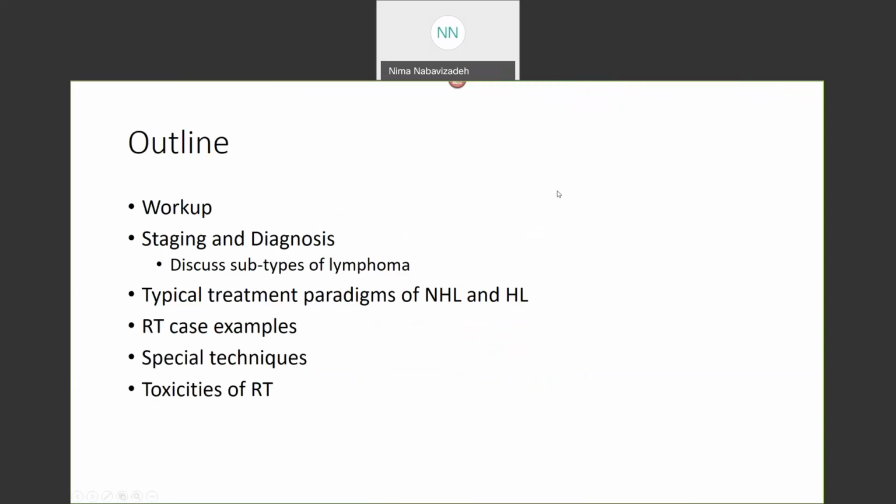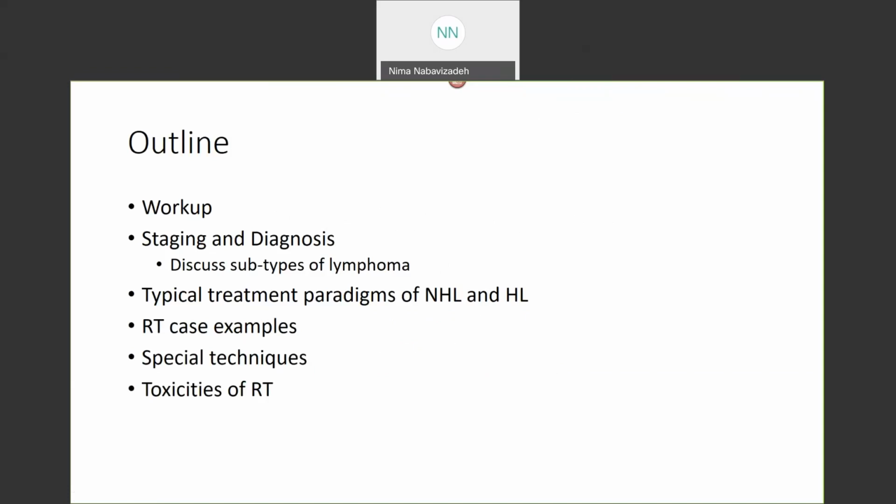So an outline for our didactic session today. I'll start with a typical workup for a patient with lymphoma. Talk about staging and the diagnosis of lymphoma. Delve into a little bit the different subtypes of lymphoma. There's quite a few of them.